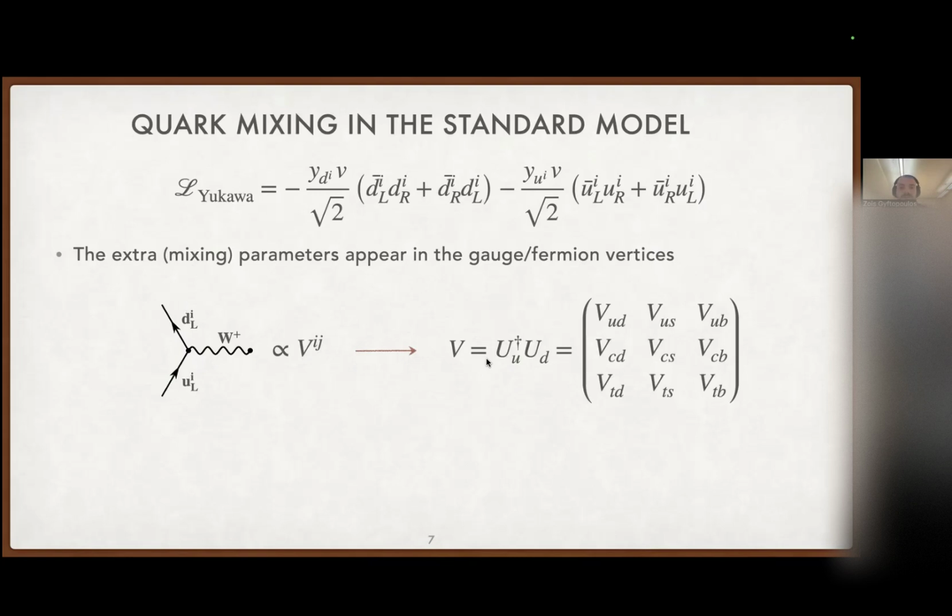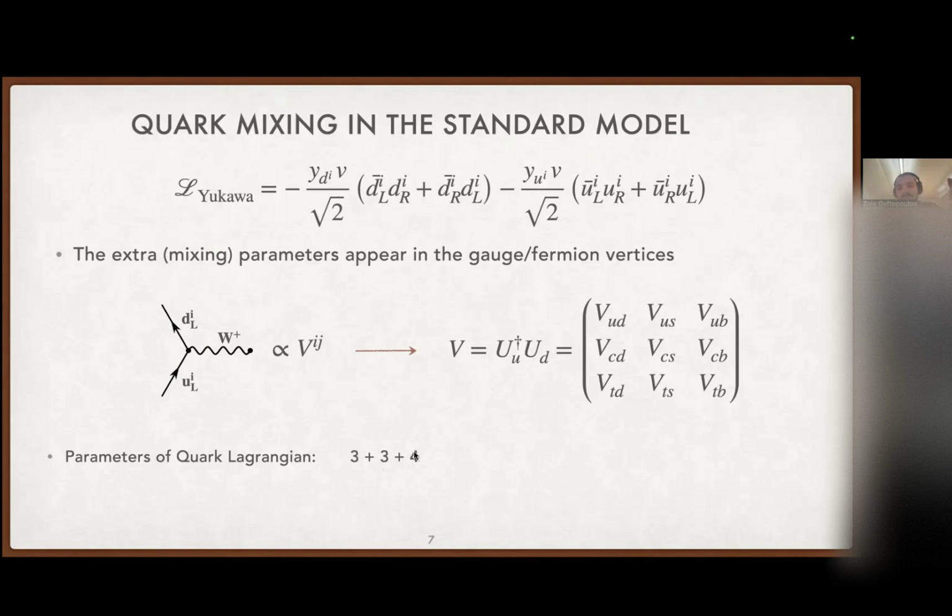This matrix is by construction unitary, and it depends only on 4 parameters. So in total, we have 3 Yukawa couplings that will give the masses to the down-type quarks, 3 for the up-type quarks, and 4 mixing parameters that can be parameterized in a more standard convention as 3 angles and 1 CP-violating phase.